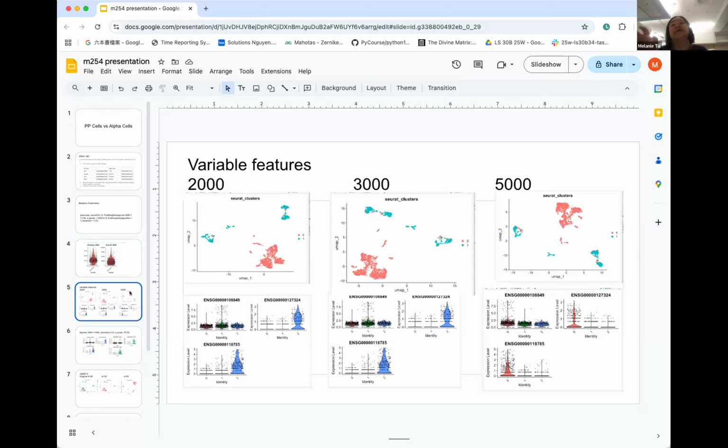What I ended up going with for SCTransform variable features is 3000, because I thought the graphs looked the most well rounded. So I just went with that.